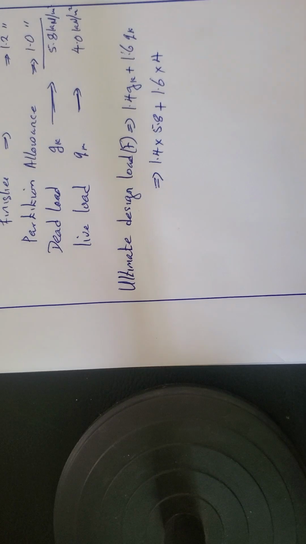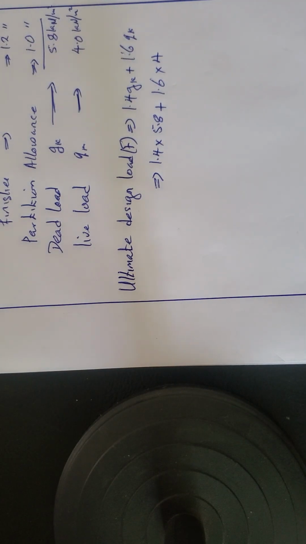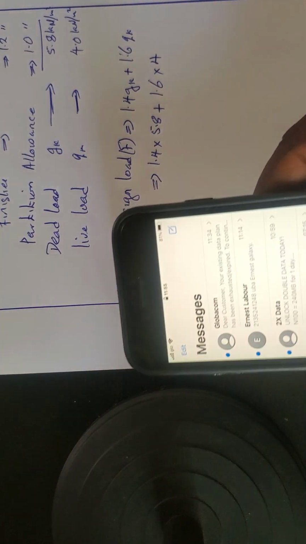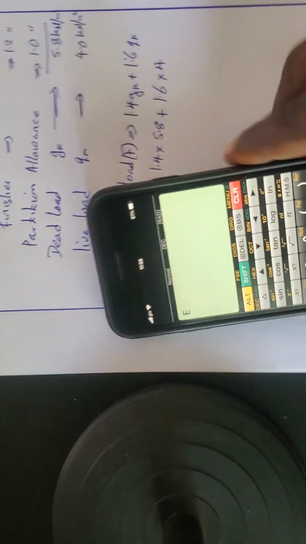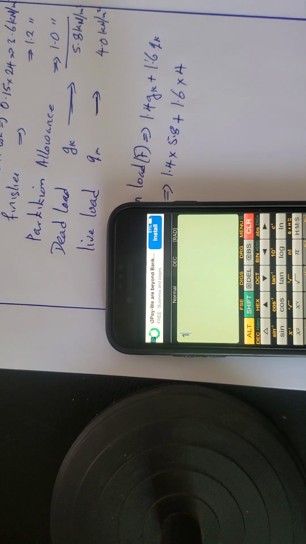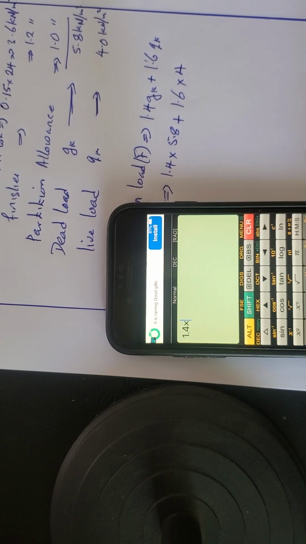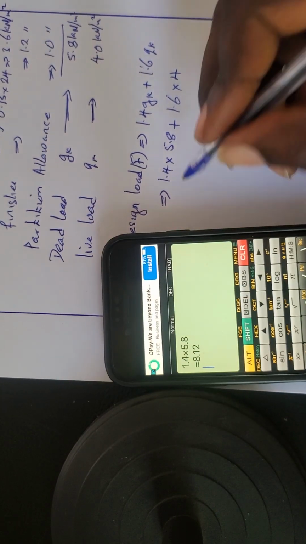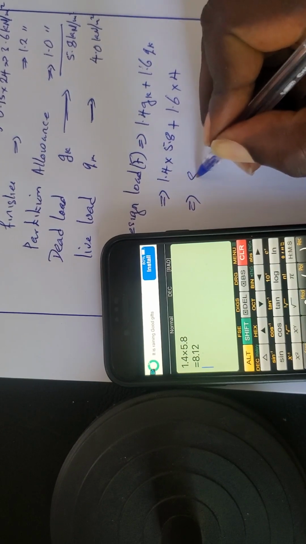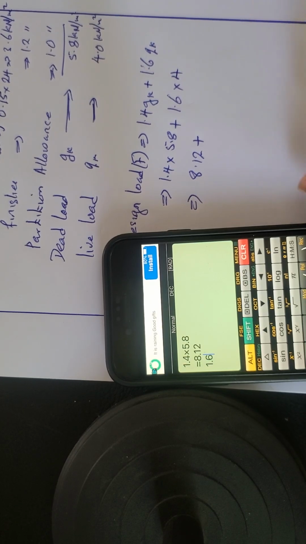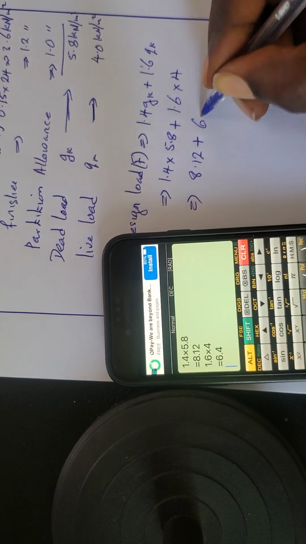Alright, so we'll get our calculator. On the calculator, we have 1.4 times 5.8 equal to 8.12, plus, and we also have 1.6 times 4 gives us 6.4.